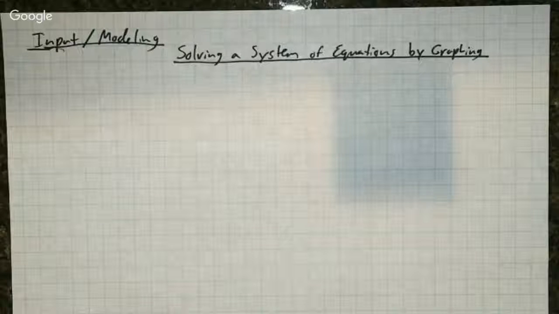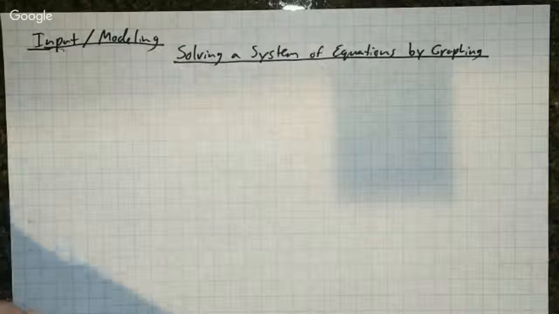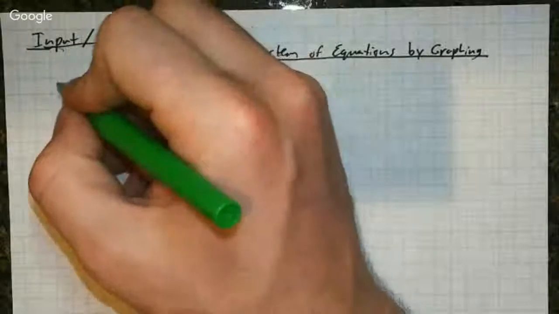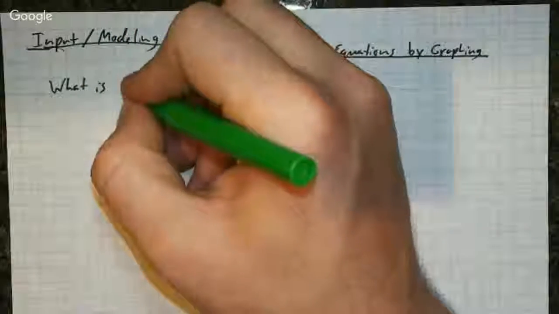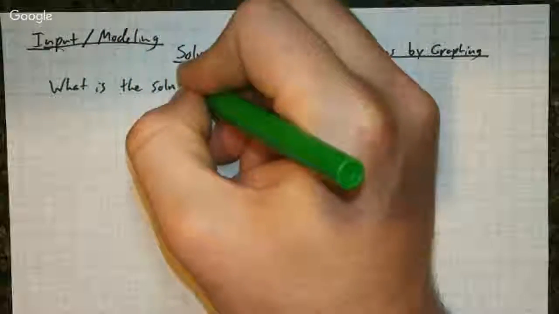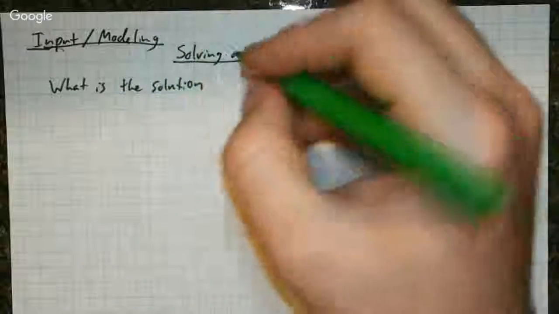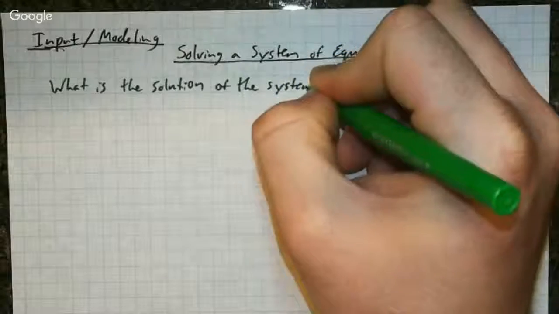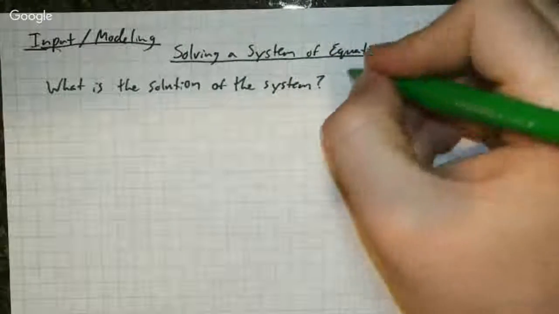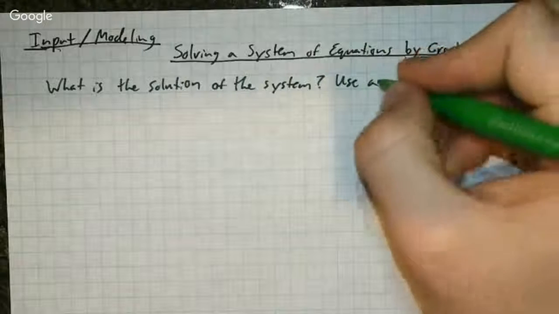Okay, so our first problem is going to be, what is the solution of the system? Use a graph, obviously.